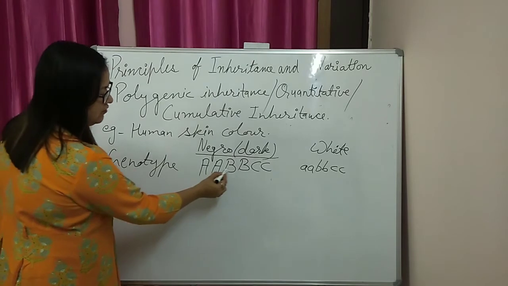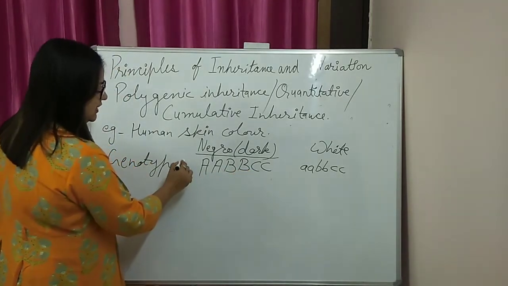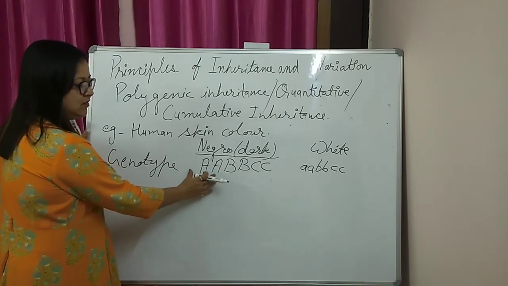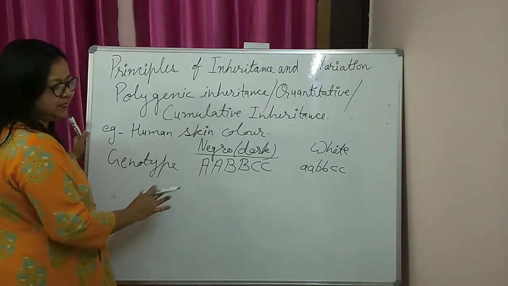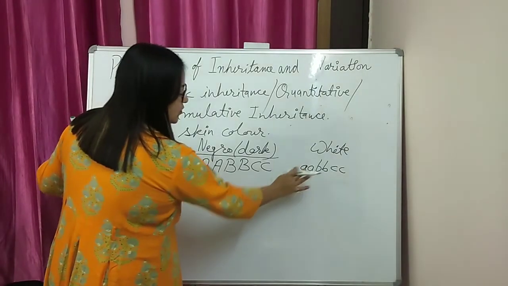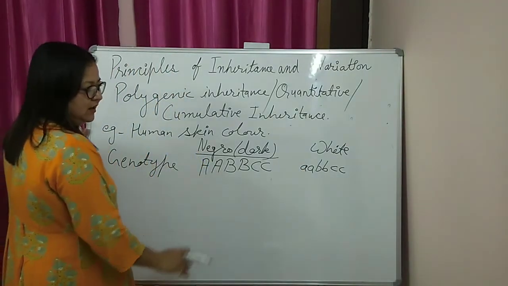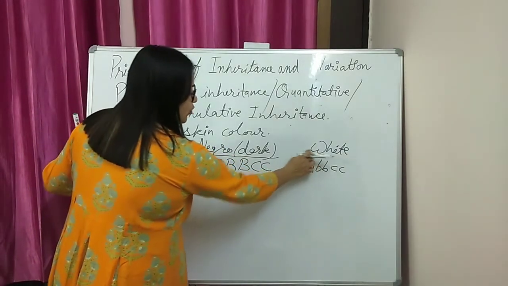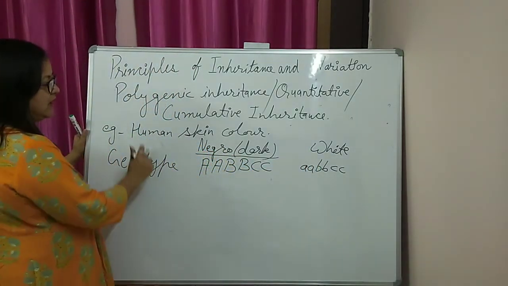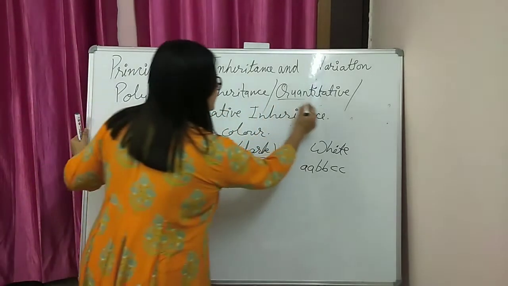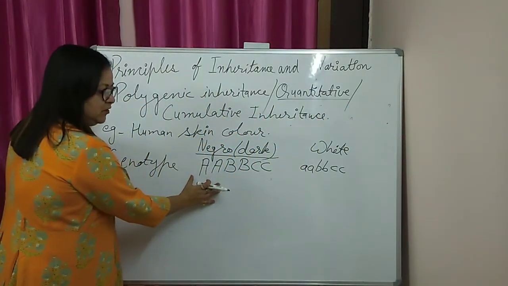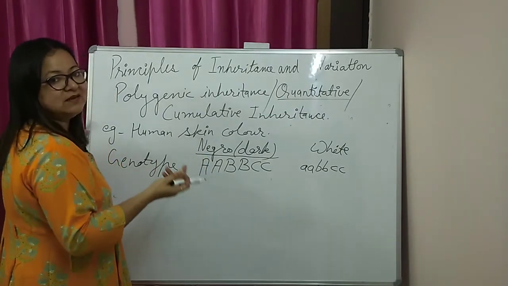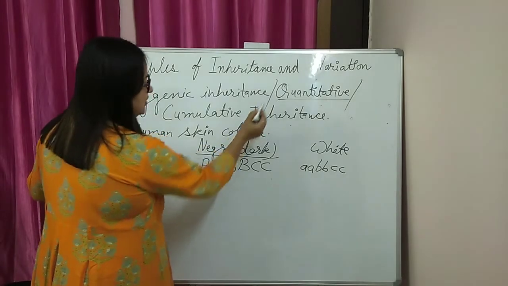Here we have 6 dominant alleles, so it is showing the maximum expression of the phenotype. The skin color is the darkest one. In case of white, there is no dominant allele and it has zero expression of the skin color, that is white in color. That's why we use the word quantitative. The phenotype is expressed by the number of dominant alleles. So it is called quantitative.